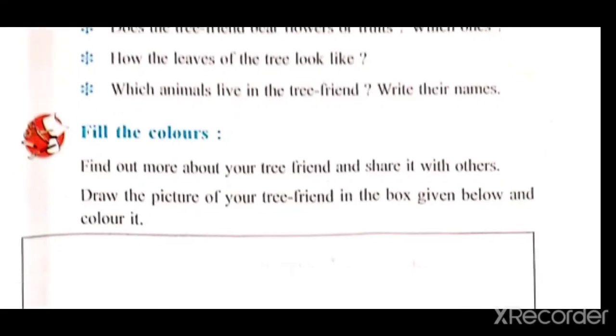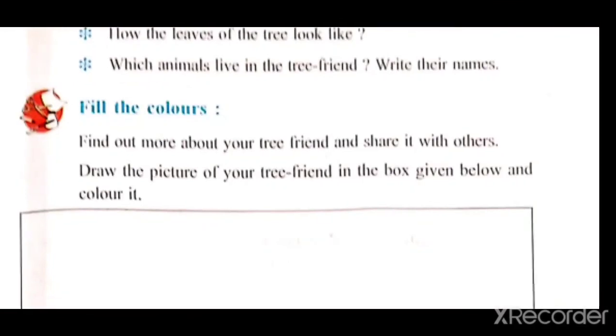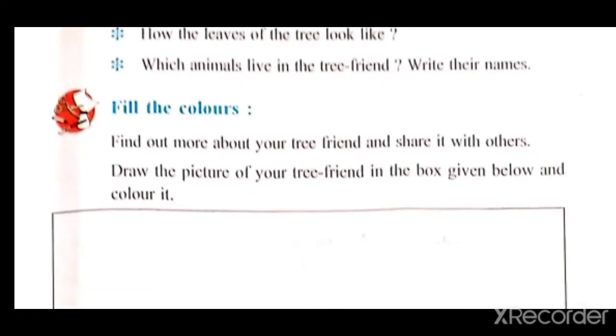Write more about your tree friend and share it with others. Draw the picture of your tree friend in the box given below and color it. Whichever tree you choose, you can make it your friend and share your things with it, make a picture over here and collect the information about the same.